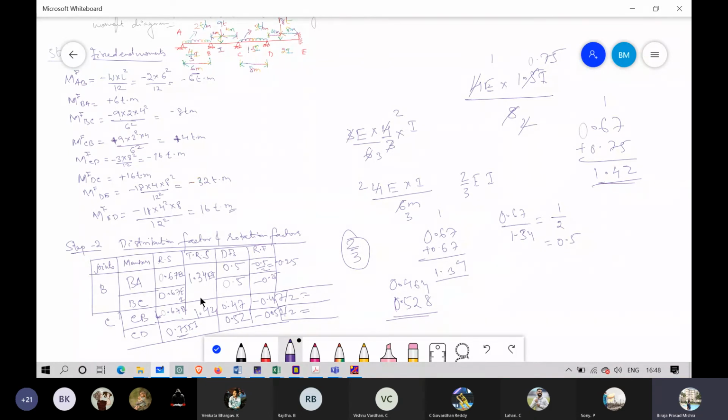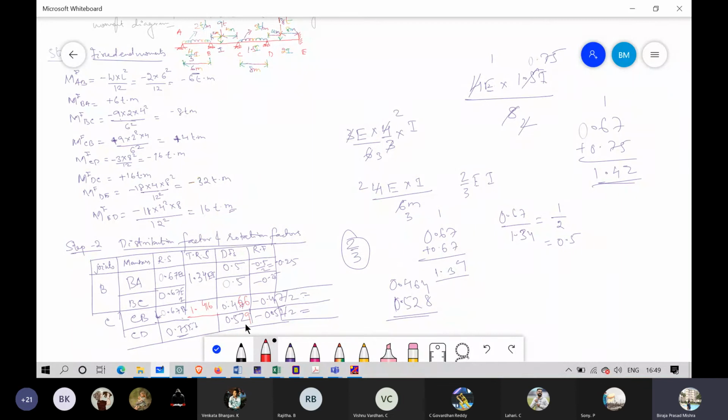It is coming as 1.416. So 0.6666 divided by 1.416 is 0.466, and 0.75 divided by 1.416 is coming as 0.529.